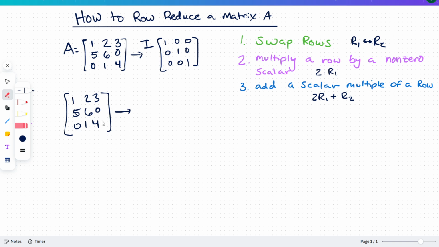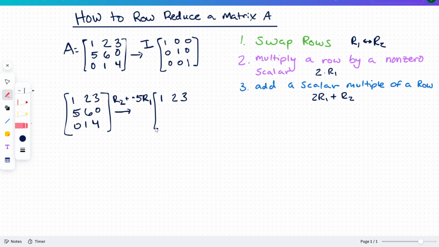So what I like to do is start off with what row is going to be affected. So it's going to affect R2, your second row. And then you're going to do plus a -5 row 1. So we know that row 1 isn't going to be affected by this change, so we can keep that the same.